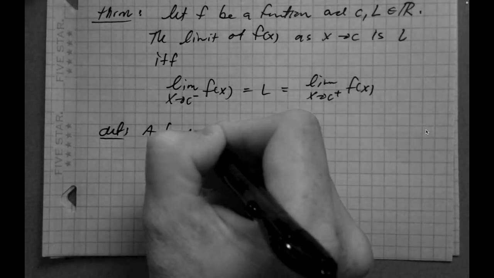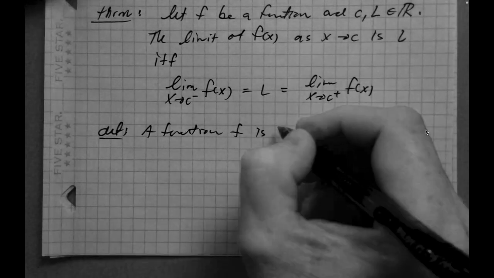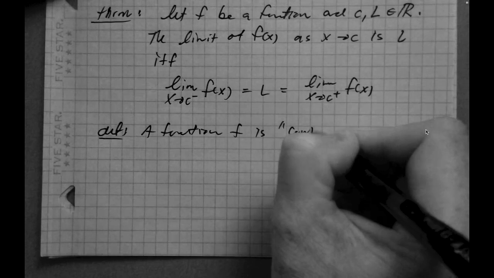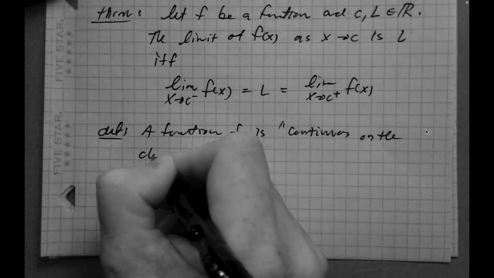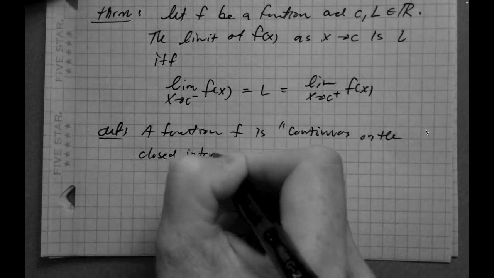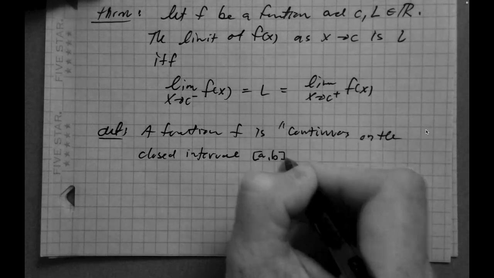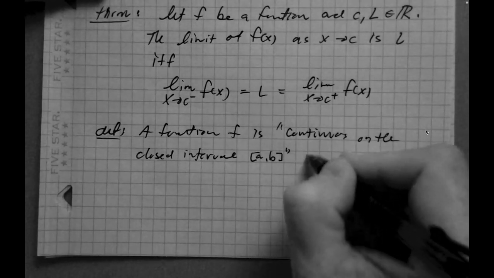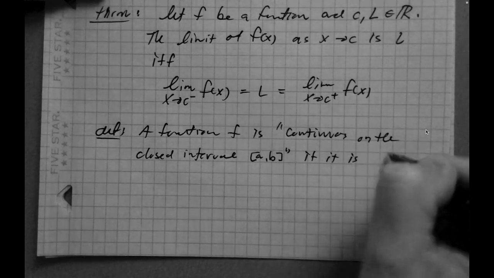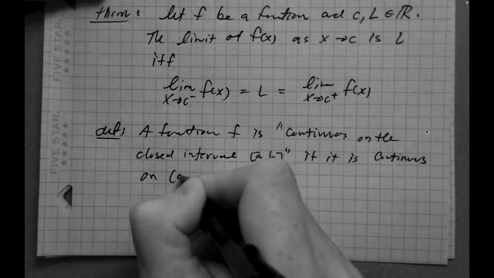So a function f is continuous on the closed interval [a, b], right? So you write that like that, if it is continuous on the open interval (a, b), of course.